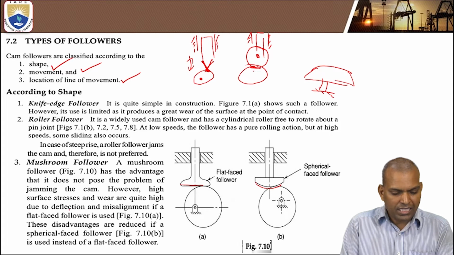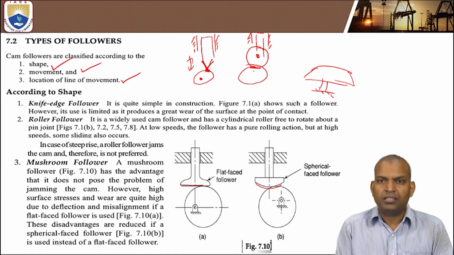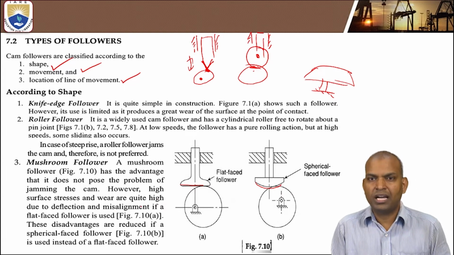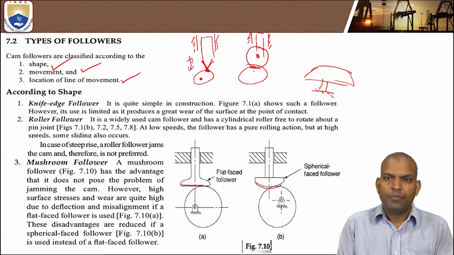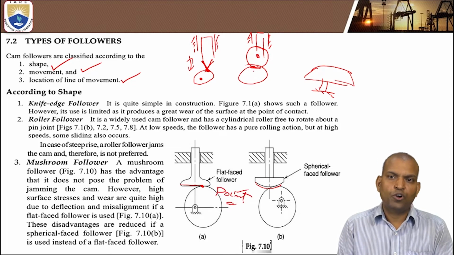Next, high surface stresses. Here the point is that the stresses and wear are quite high. The contact between the flat face of the mushroom follower and the cam is a point contact.